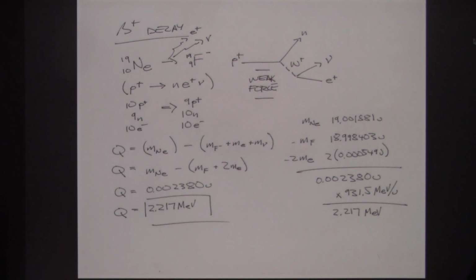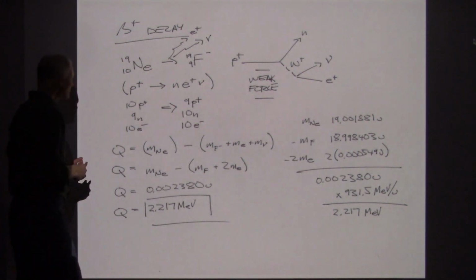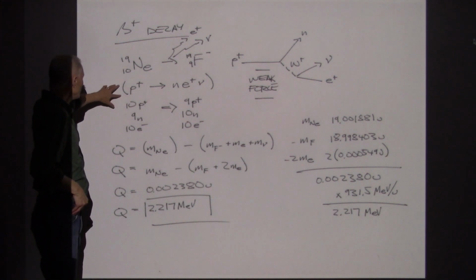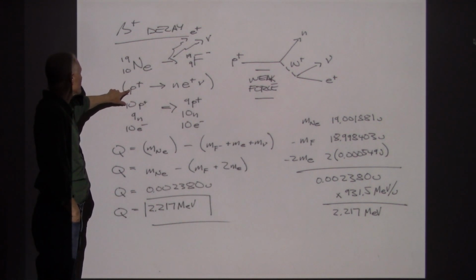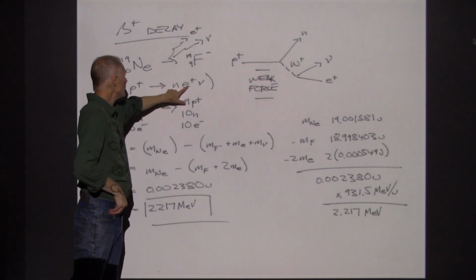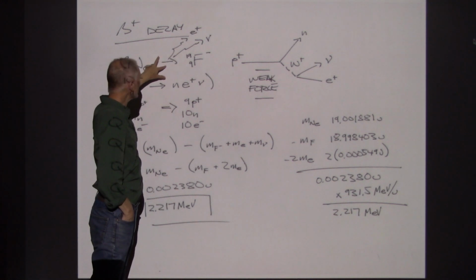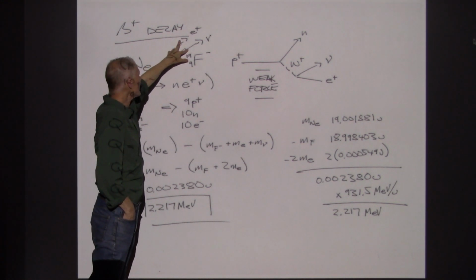It's got a charge of 1, but it's positive instead of negative. So the underlying reaction here then becomes proton turns into neutron with the coupled formation of an anti-electron and a neutrino. And in my diagrams, I write that as the high energy particles coming out.